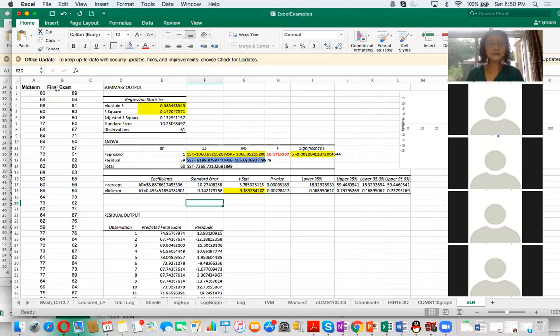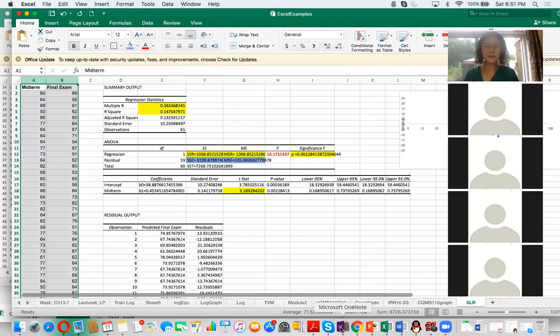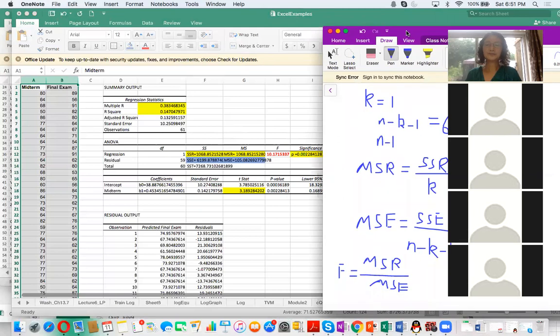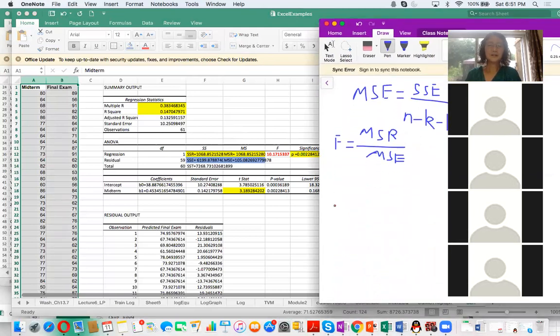Remember in high school, when you were asked to write down a straight line, you need the intercept and you need the slope. So let's write down the relationship between midterm and final exam. Final exam is y equals B0 plus B1x.